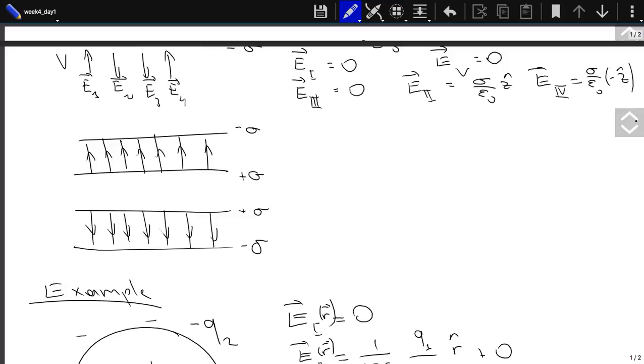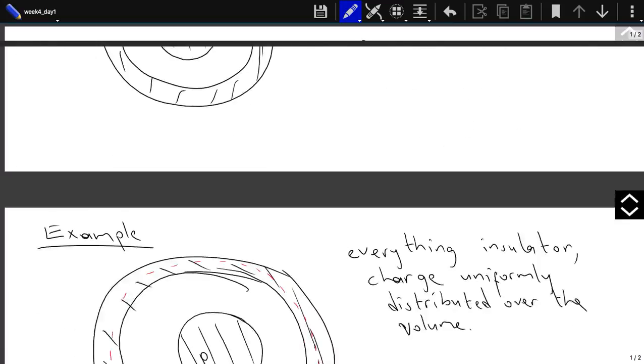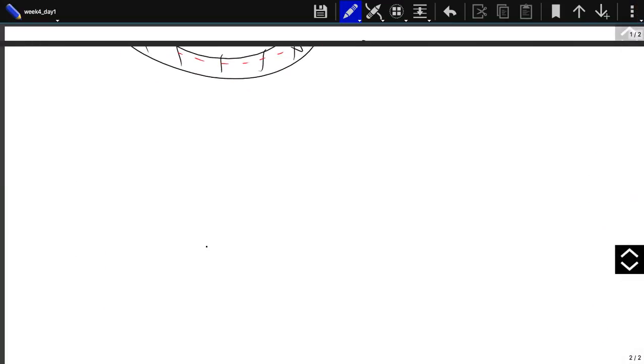If you have an infinite plate, or if you don't want to have an infinite plate, you can just take 2 spherical shells like this one and set Q1 and Q2 equal. If Q1 and Q2 are equal, you have an electric field only in this region. There's no electric field outside. You can create finite regions which have electric fields. And outside, there's no electric field, like this one. Other questions?